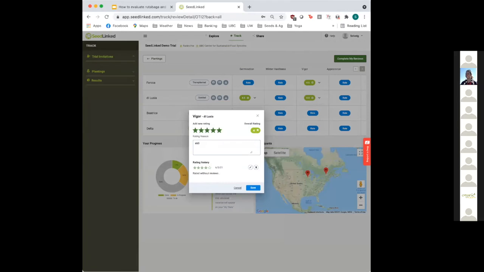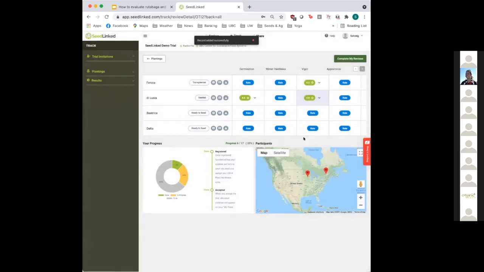So say 60 days after transplant, you can spell however you want. Best of the bunch. Save that, and then the total score changes to an average of the 2 that you put in there. Again, you don't need to do that, but that's what happens if you want to rate multiple times.